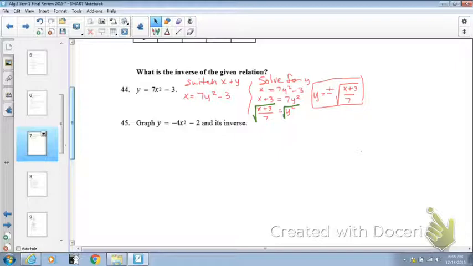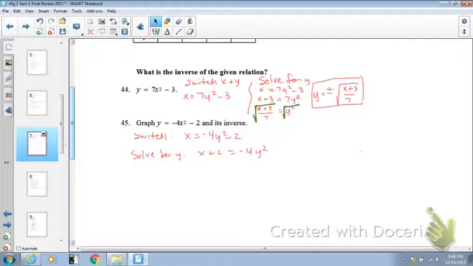Okay, 45. We're going to do the same thing. We're going to write our inverse. So we're going to switch first the x and the y and get x equals negative 4y squared minus 2. And then you're going to solve for y. So add 2, that gives me x plus 2 equals negative 4y squared.